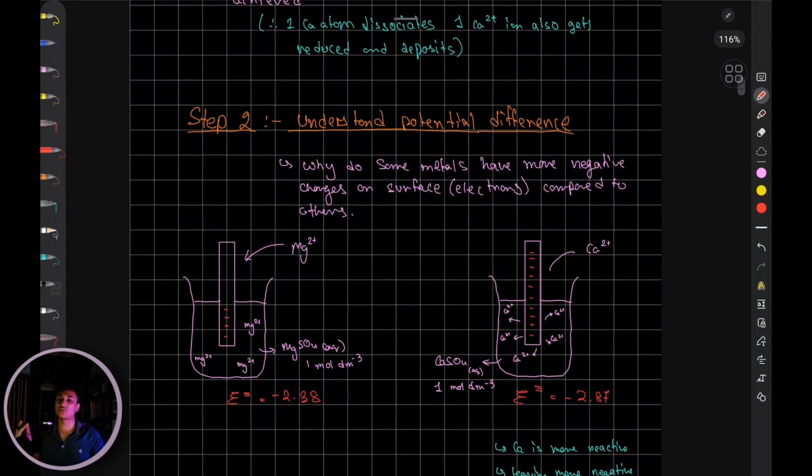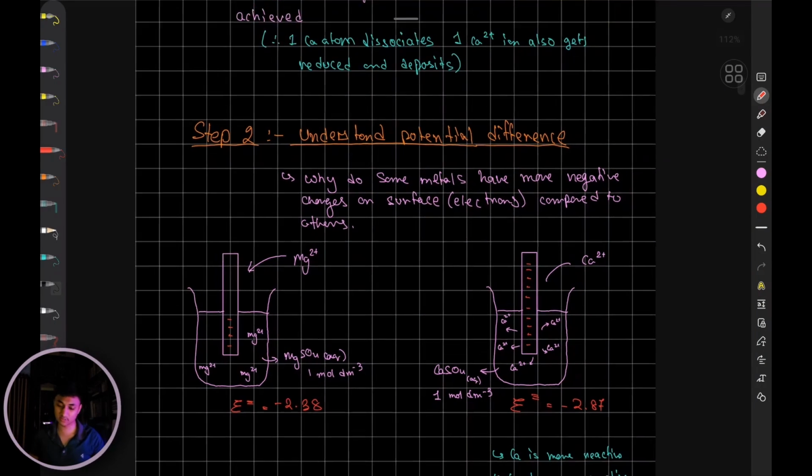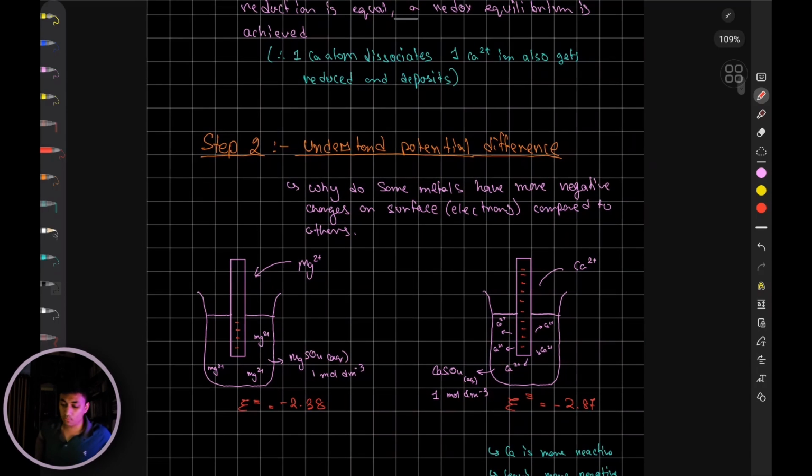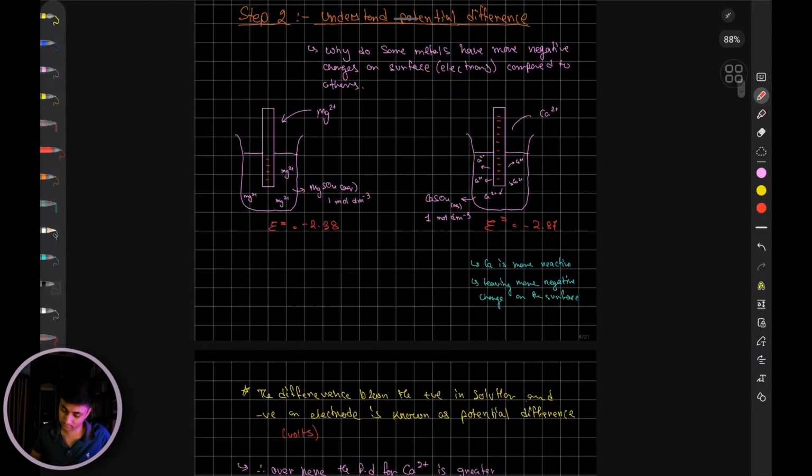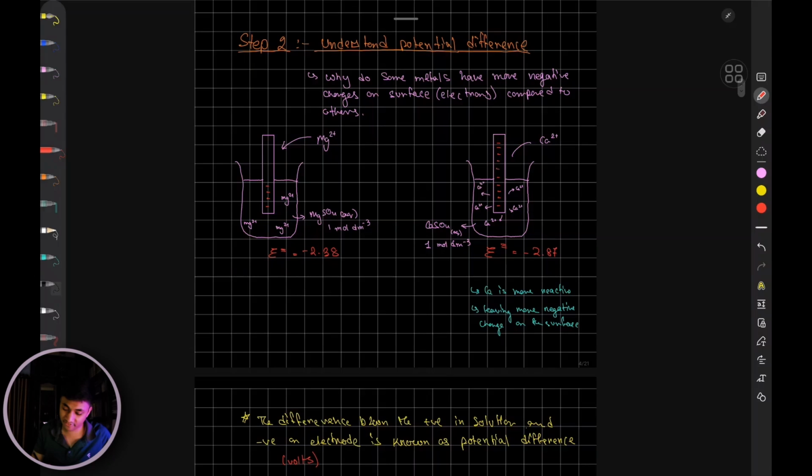Second step, let's understand the potential difference. Why do some metals have more negative charges on the surface compared to others? If we compare, you have a magnesium electrode and a calcium electrode.